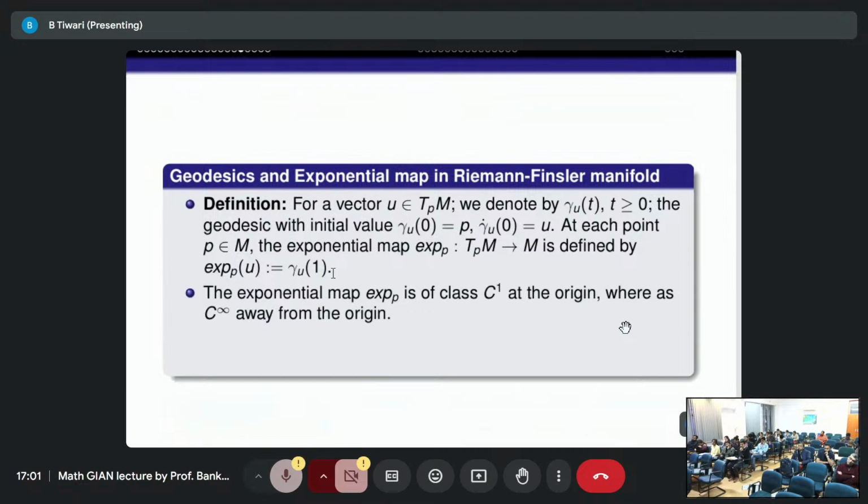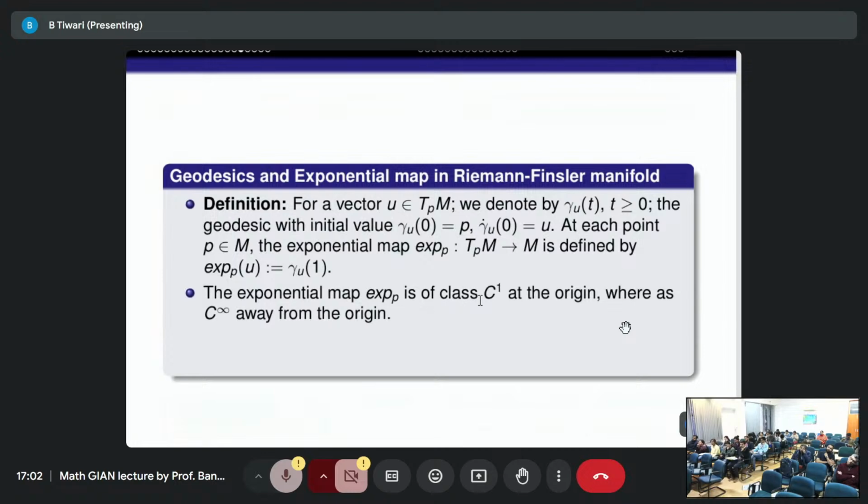In the Riemannian setup this exponential map is C infinity, but in the Finsler setup, because of the result we proved for the Minkowski norm, it is only C1 at the origin, and it is C infinity away from the origin.